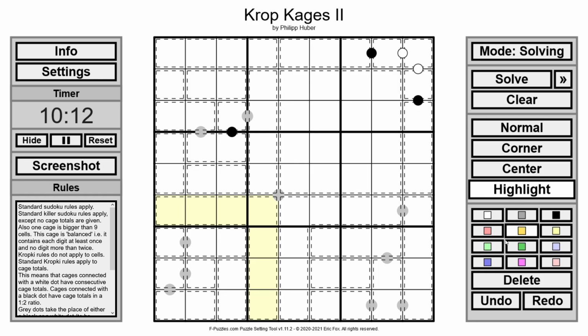Now, one thing I also want to look at is how these two cages interact except for this Kropki dot. So maybe if you've solved one of my previous puzzles, you've seen this already. What this cage is, is also the central cells of a set.